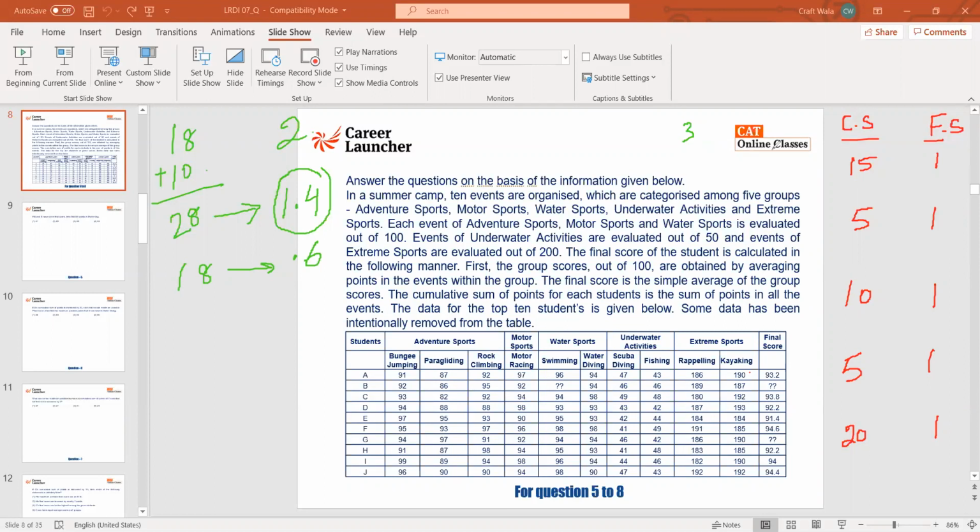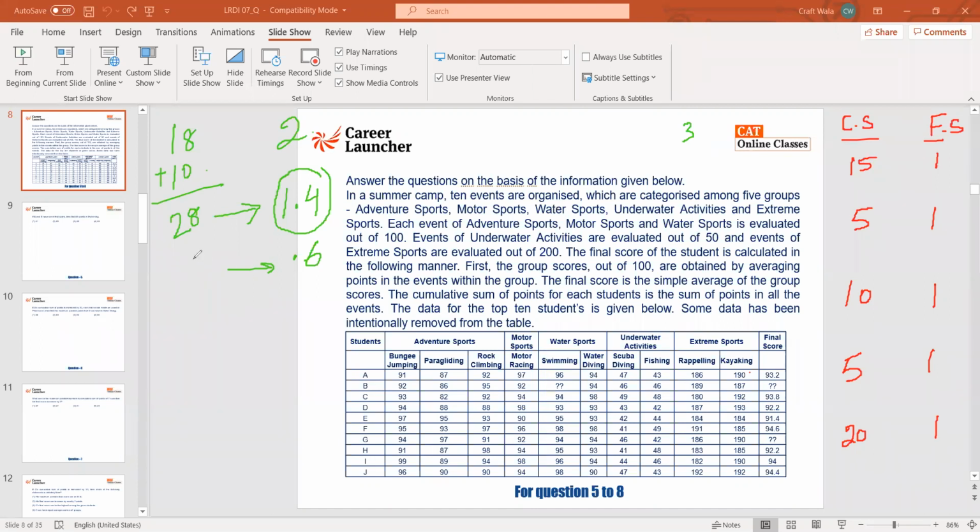So 1 corresponds to 15. So 0.6 will correspond to how much? 0.6 will correspond to 9. That means for 1 point, you should give 15 points. If you want the final score to go up by 1, you should give 15 points. If you want the final score to go up by only 0.6, you should give 0.6 into 15, that is 9 points.